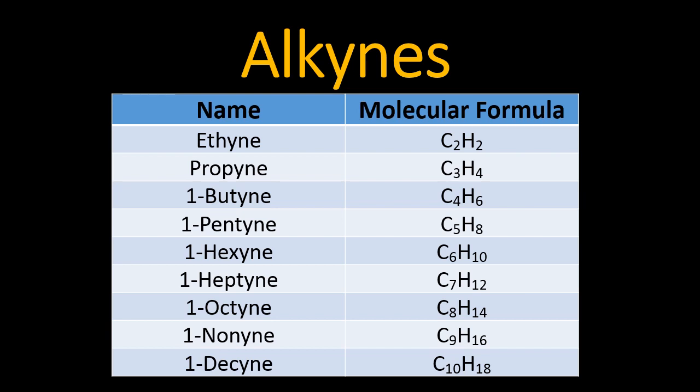But represents 4 carbon atoms. And pent represents 5 carbon atoms, and so on. While yne represents alkynes, it means a triple bond is present in them. And please remember, the more the number of bonds, the fewer the hydrogen atoms. So here in alkynes, the triple bond is present between two adjacent carbon atoms. That's why the number of hydrogen atoms is lesser compared to alkenes and alkanes.